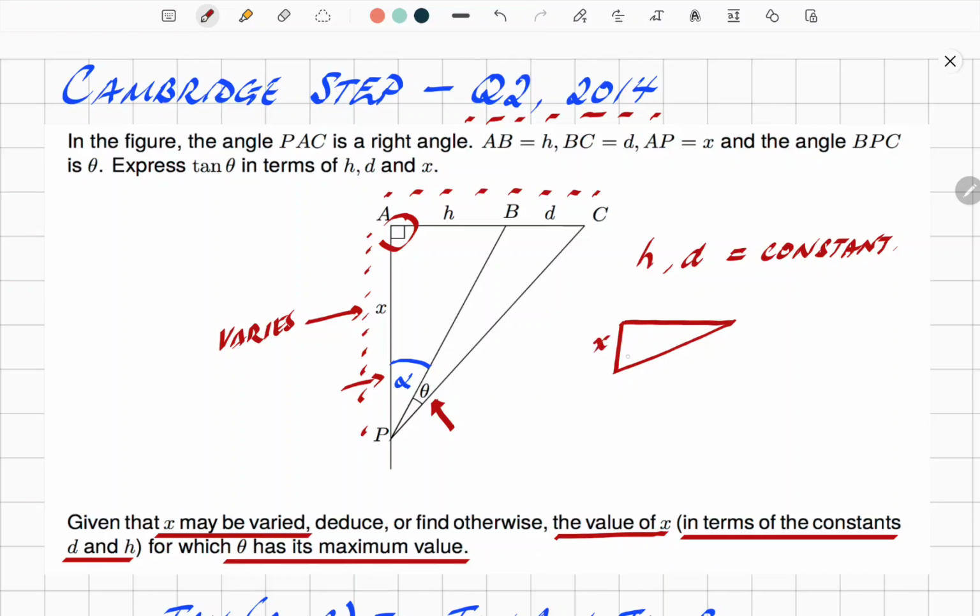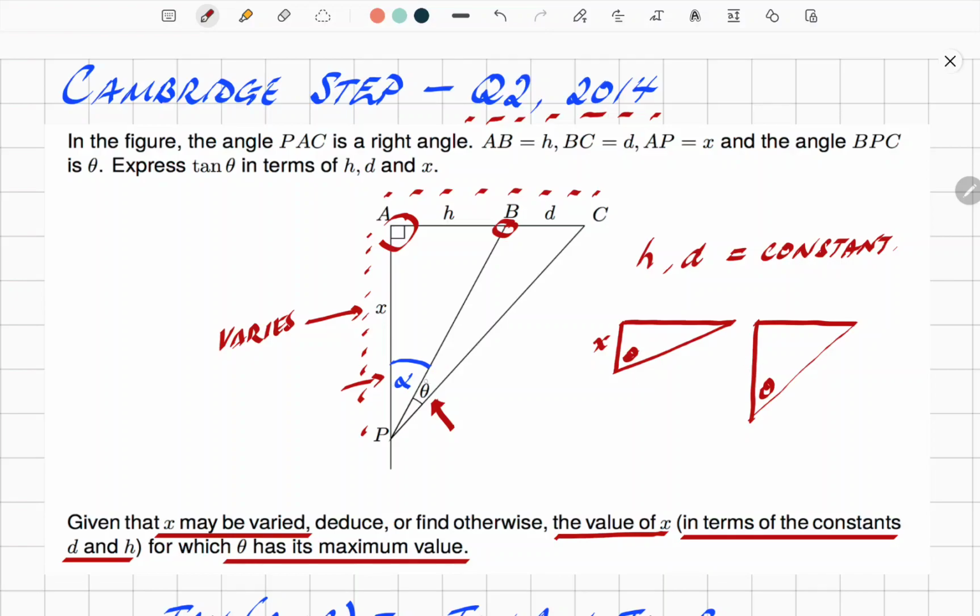So that's x and that's theta. Not a very good theta, compared to like that. Problem is that h and d, the position of B, is remaining constant.